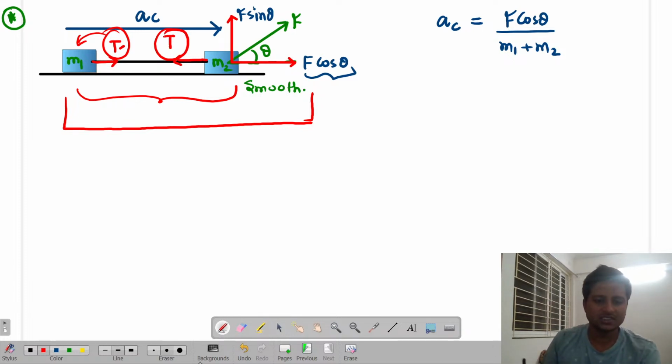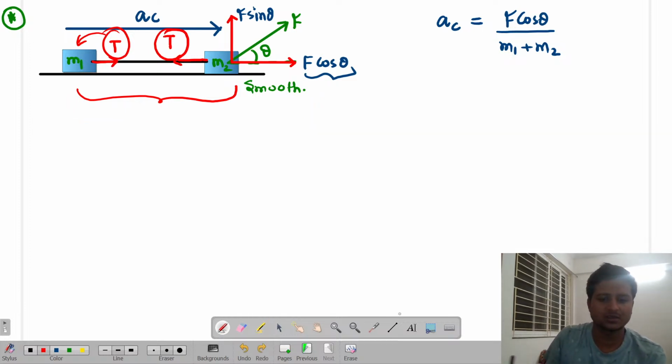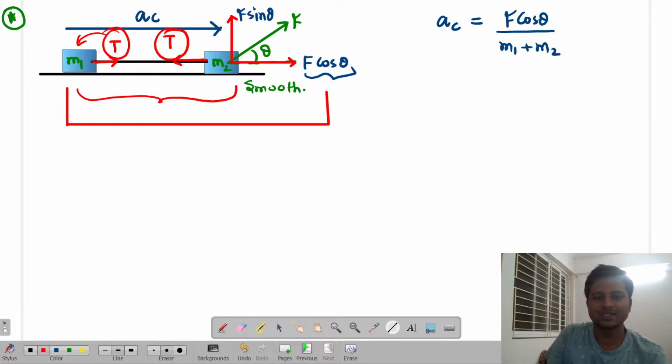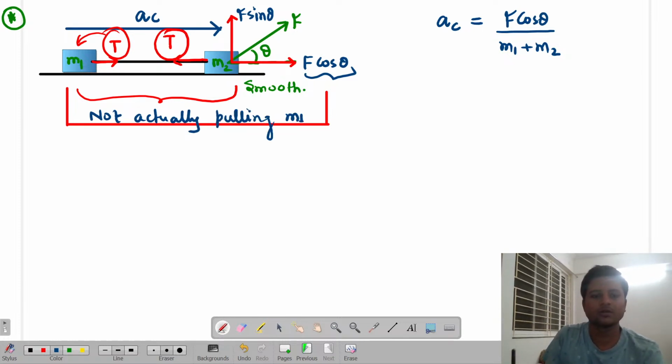So what is actually pulling M1? It's not F cos theta, it's my tension T. This F cos theta is visible as pulling, but the force which is totally responsible is the tension. Are you able to get me or not?